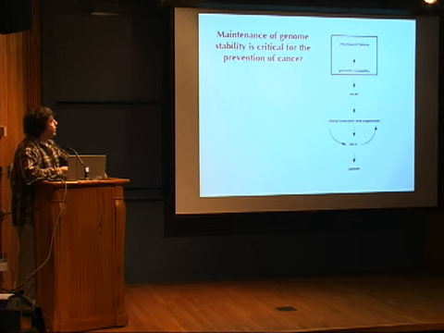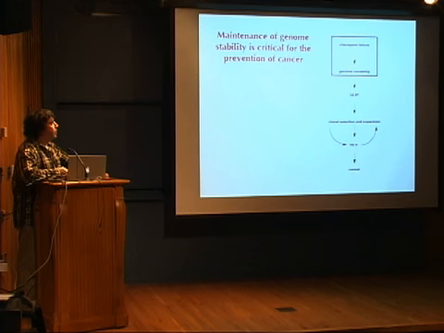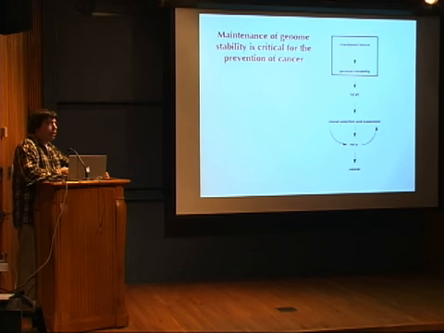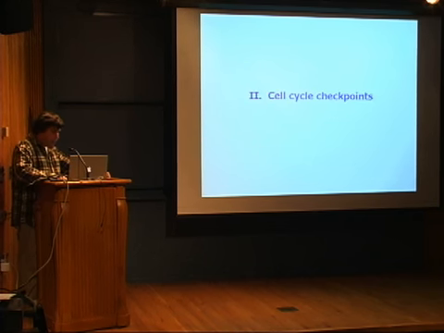Okay, so I think then that these examples of basic epidemiology and human genetics underscore the importance of maintaining strong checkpoints and the ability to maintain genome stability in order to prevent the eventual onset of cancer.